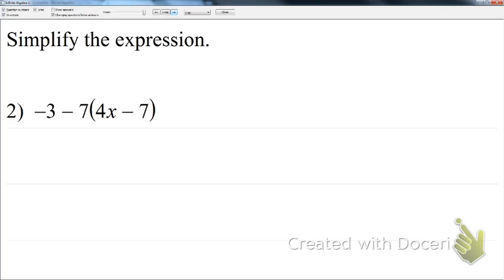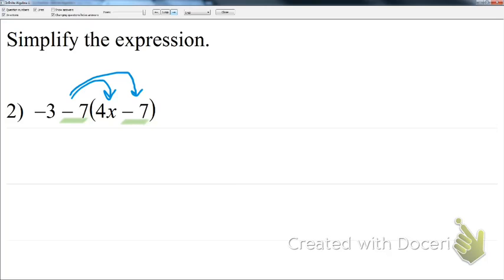Let's try another example. All right, what's our first step? Distribute. And what would you need to distribute in the problem? The negative 7. Okay, so negative 7 times 4x, and negative 7 times what? Negative 7. Don't forget that sign.